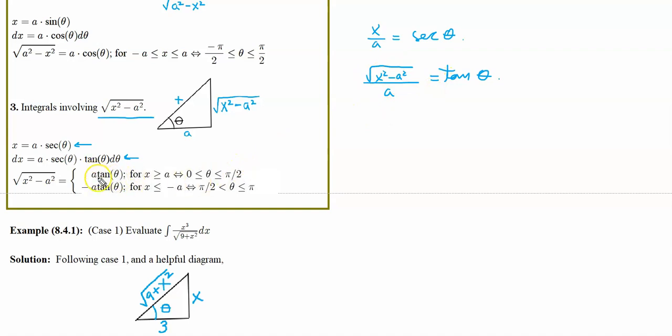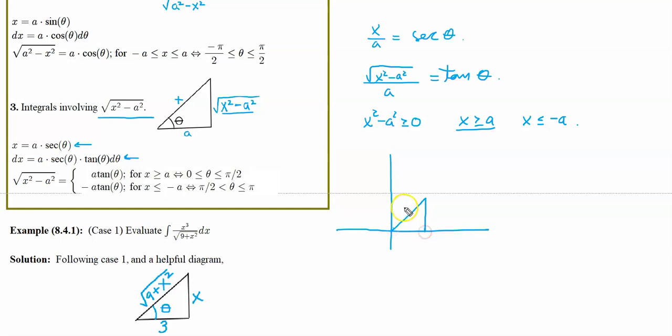However, we actually have two cases here. You'll notice that x squared minus a squared must be bigger than or equal to 0, right? So that means that x has to be bigger than or equal to a, or x must be less than or equal to negative a. Now in this case, we consider the triangle as being drawn just in the first quadrant.